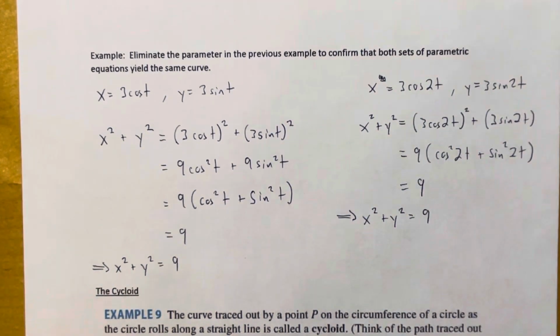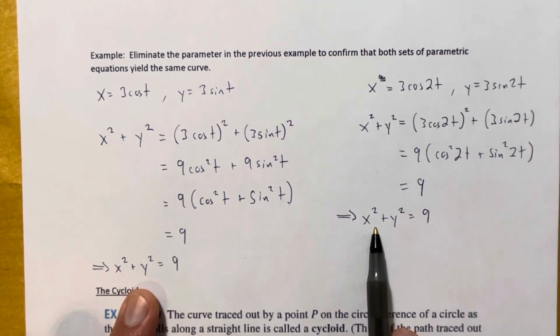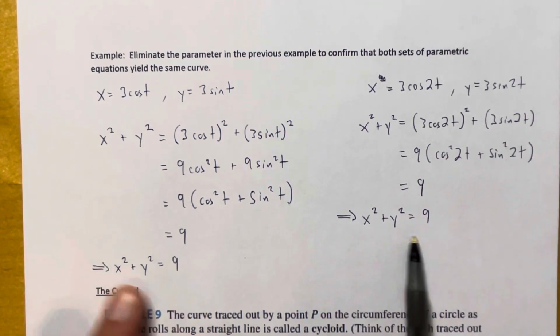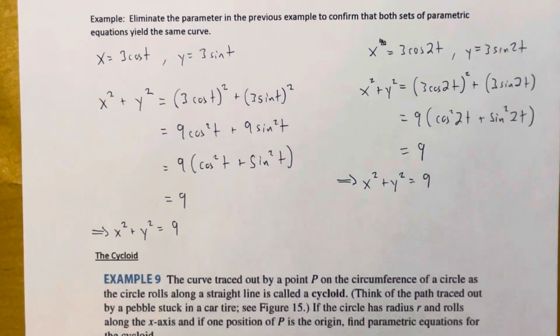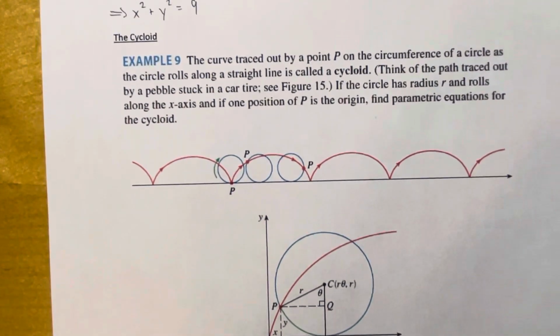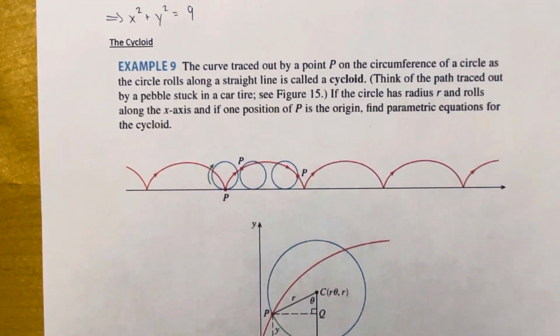So that whole process there is called eliminating the parameter, because in both cases we ended up with an equation where the parameter did not make an appearance, but we did get a relationship between x and y in a single equation, okay?